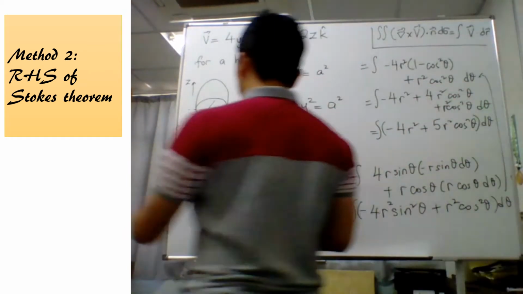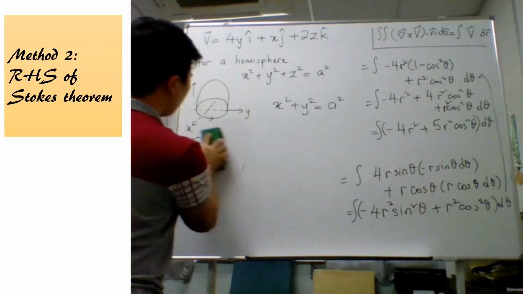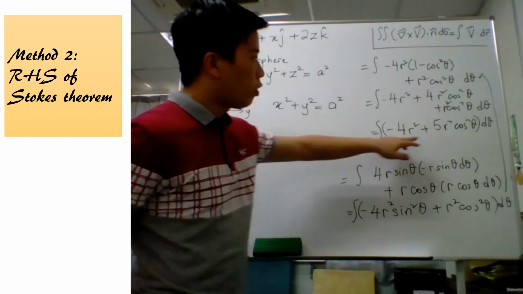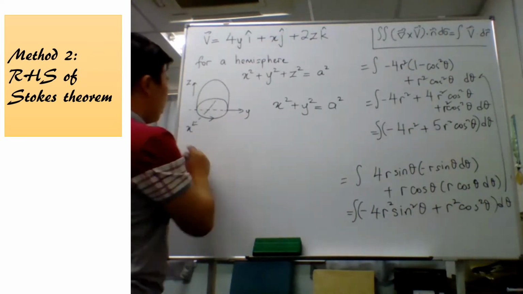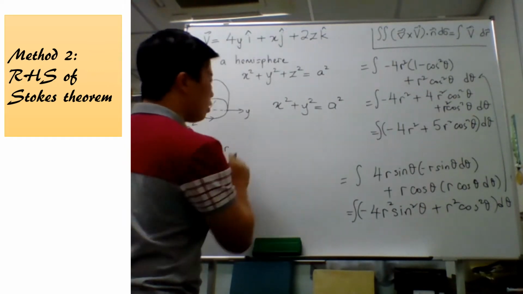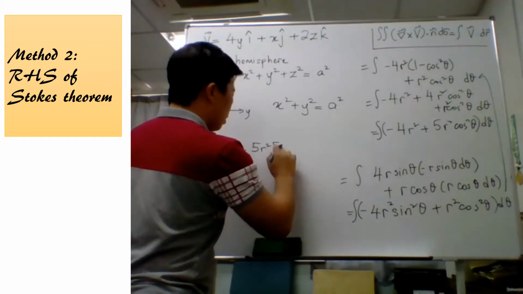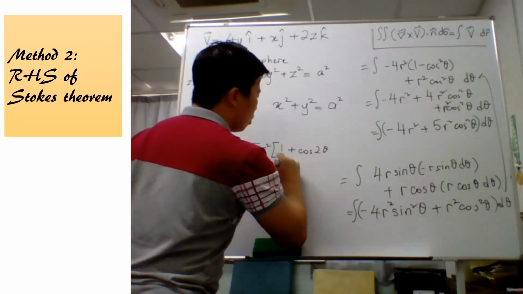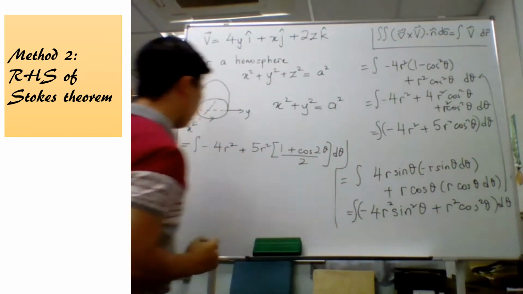Right, so let's remove this. We will integrate this, but before that we will have to change cos squared into cos 2 theta, and here we will have minus 4r squared plus 5r squared times 1 plus cos 2 theta over 2, and this is the integration over d theta.